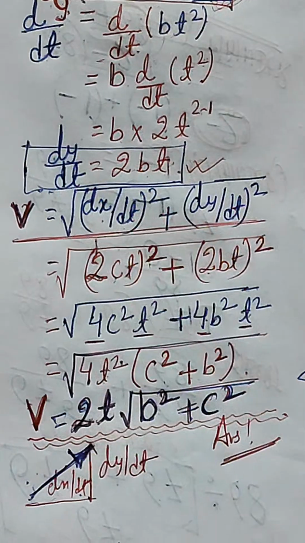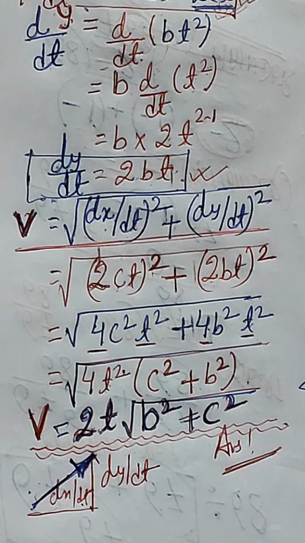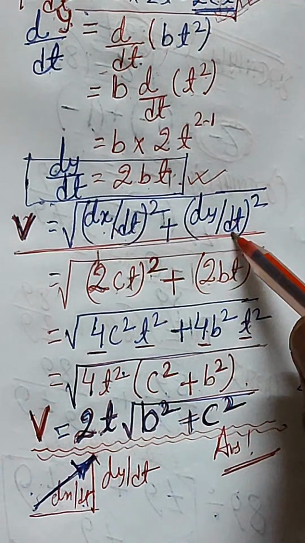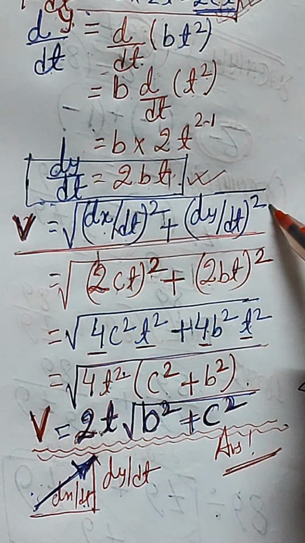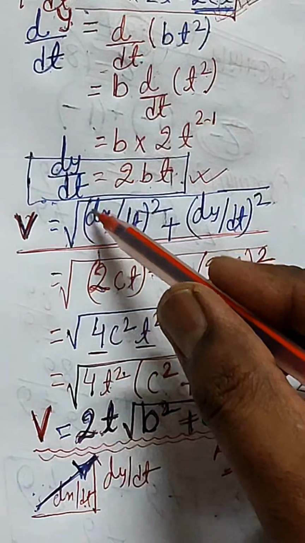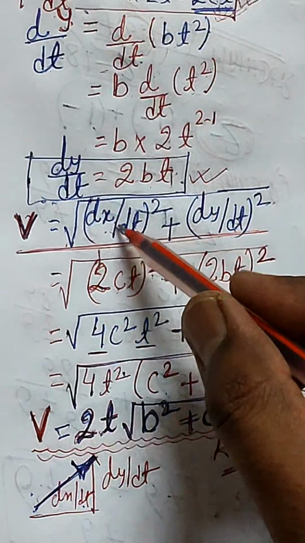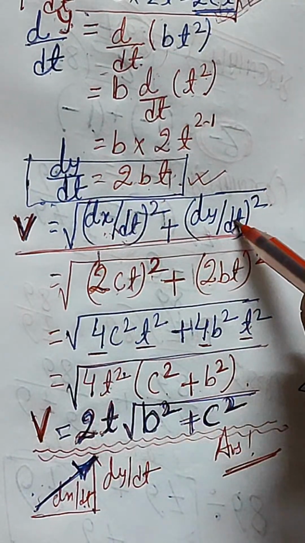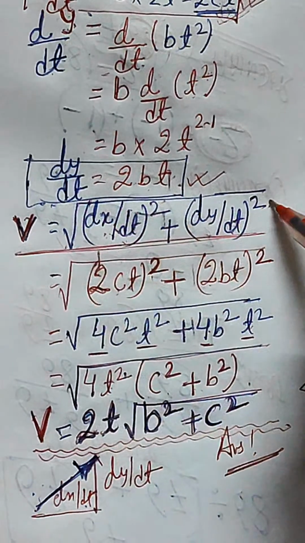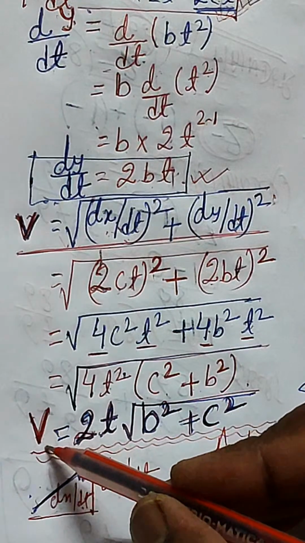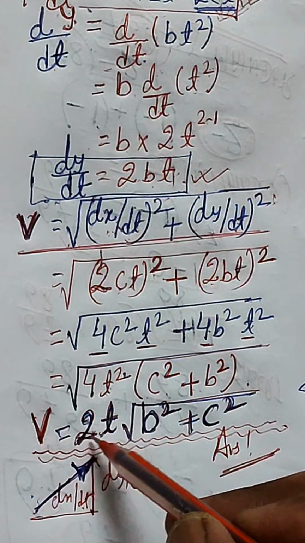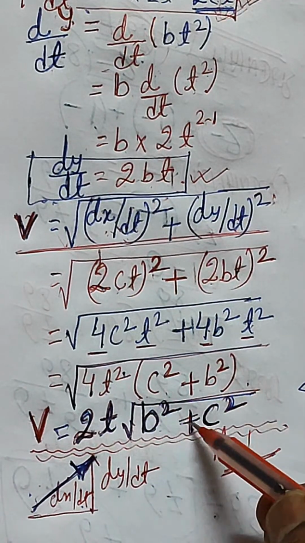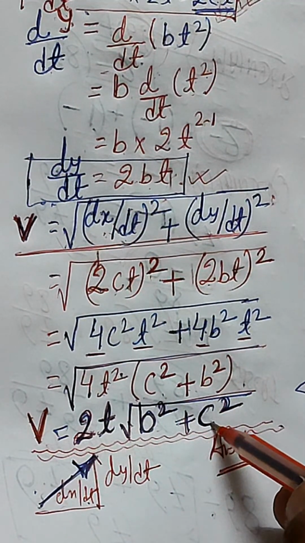So dx by dt is the x component of the velocity and dy by dt is the y component of the velocity. When you take a square root of both the terms after taking a square, that is dx by dt whole square plus dy by dt whole square, taking a square root, you just derive it to a value of 2t root over b square plus c square, right?